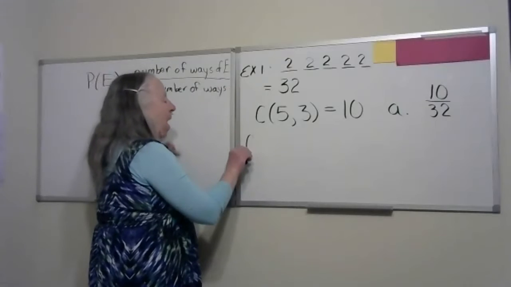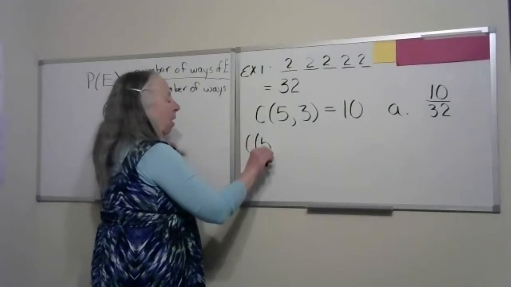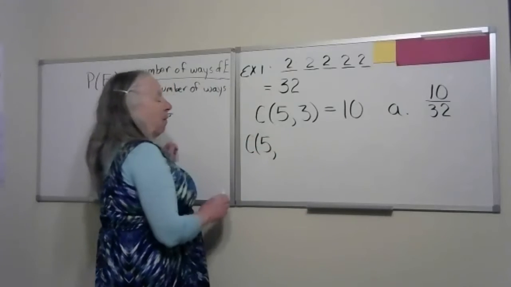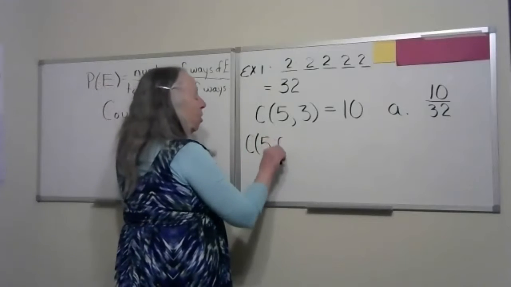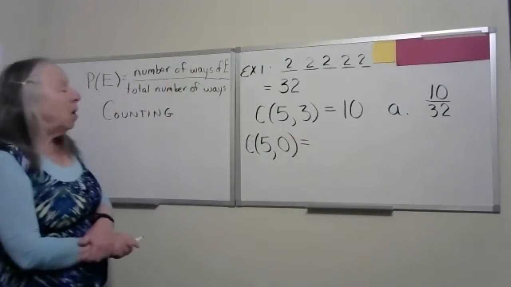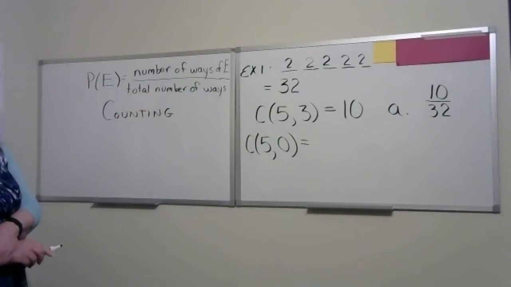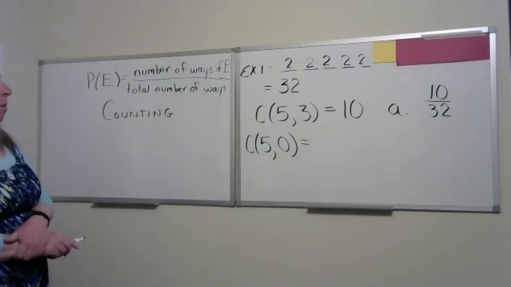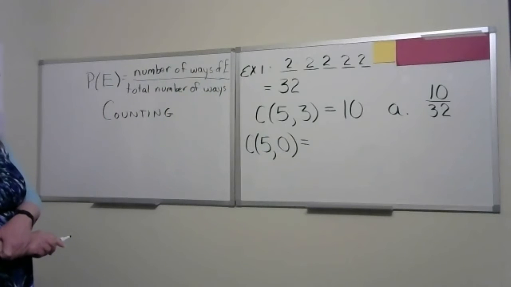So we could have 5 choose no heads, 0. Let's go ahead and do that and find out what the answer is. What do we come up with? Jordan? I got 1.